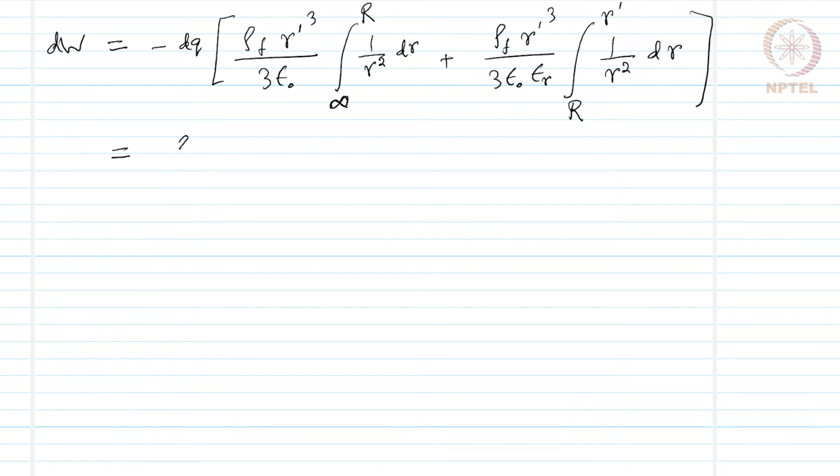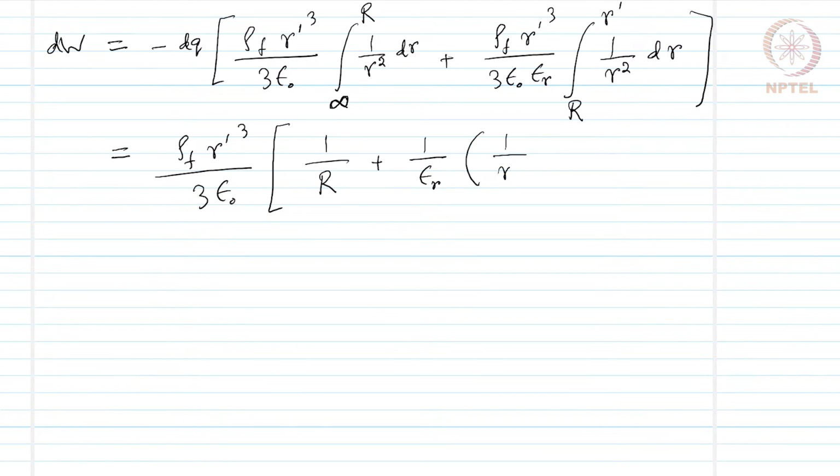it becomes rho_f r prime cubed over 3 epsilon naught, 1 over capital R plus 1 over epsilon_r, 1 over r prime minus 1 over capital R, times dq.